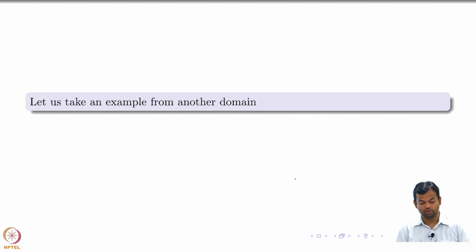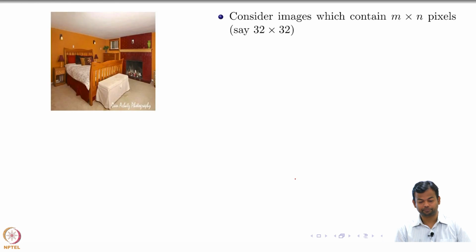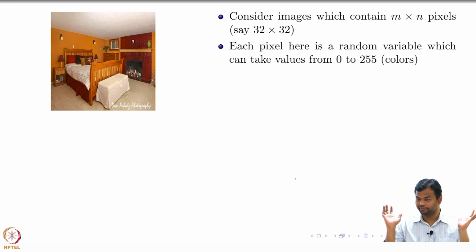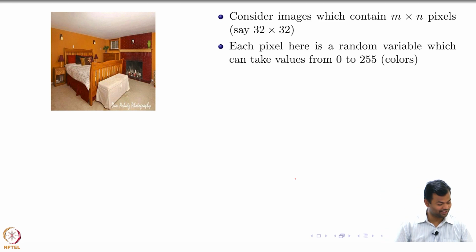So that was from the text domain. Now let's look at an example from the other domain, which is what many people are interested in doing today. Consider images which are in general m cross n pixels, but we'll consider they are square, 32 cross 32 pixels. And we are looking at a lot of bedroom images, because that's a dataset called the bedroom dataset.